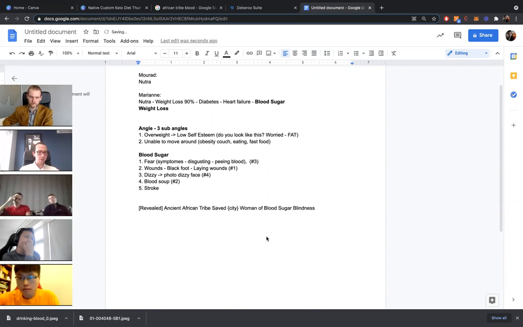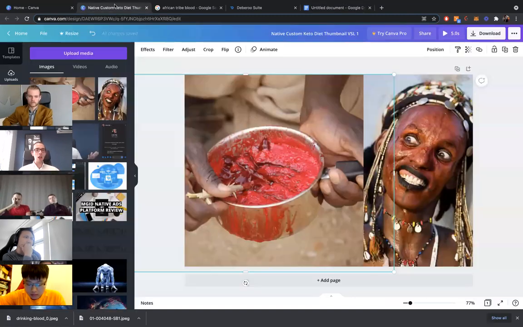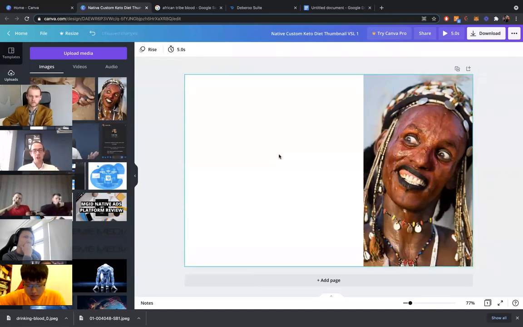Something like this, right? Because I think with insulin, you can also go blind or something like this. This would be the copy. The copy is problem and solution. And then this image is all about getting into the pattern. However, we want the blood soup to be the attention grabber, which here it's useless.